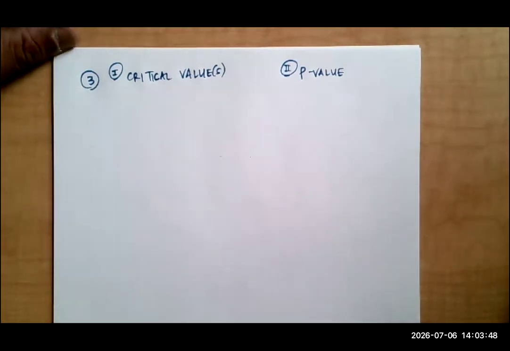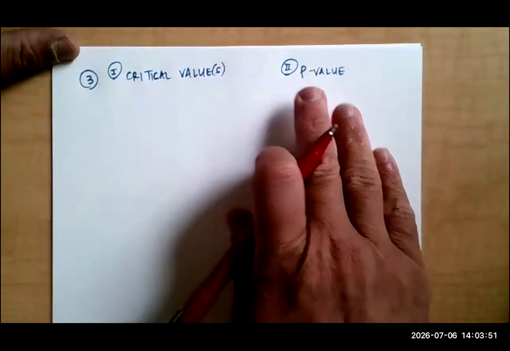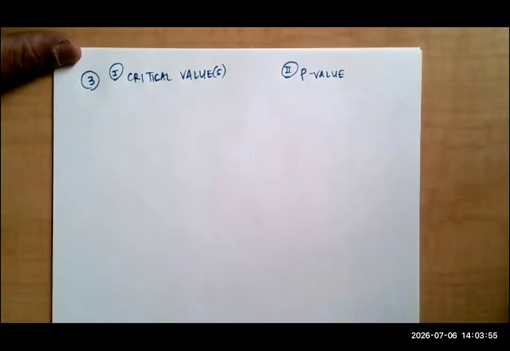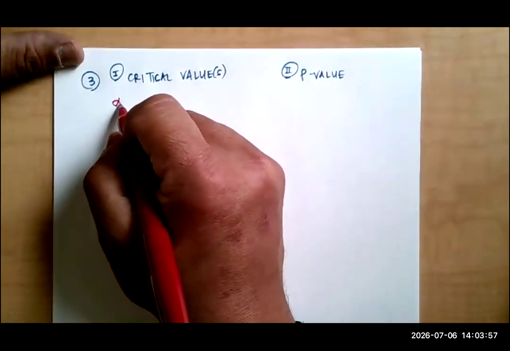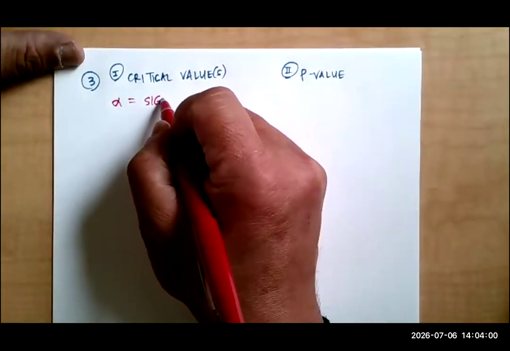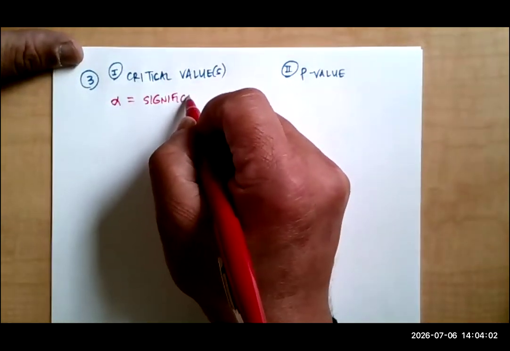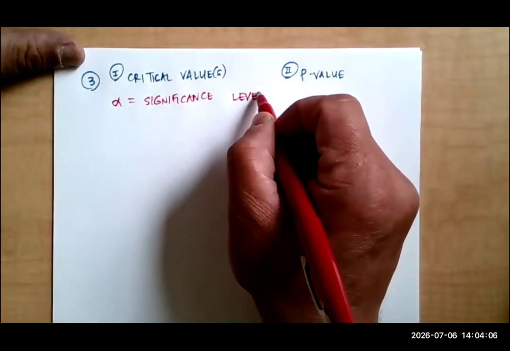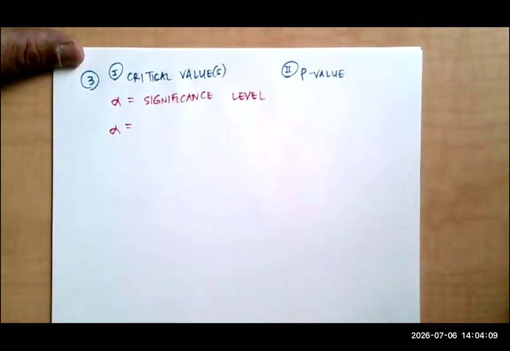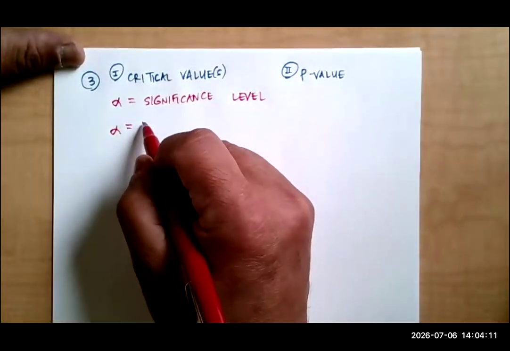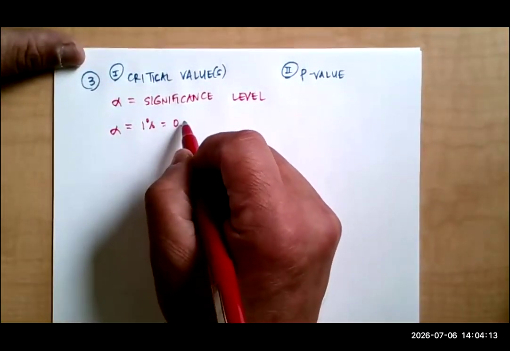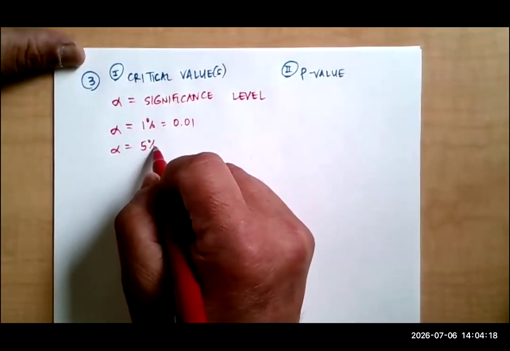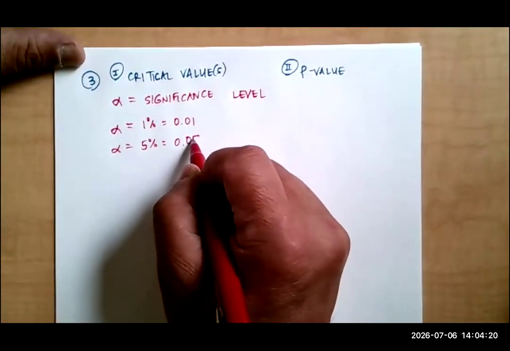And so when we start to think about this p-value or critical value, in order to make our decisions in the next step, we're going to need to have a value for alpha, which is our significance level. Most commonly, our values for alpha are going to be like 1%, or as a decimal 0.01, or 5%, 0.05.